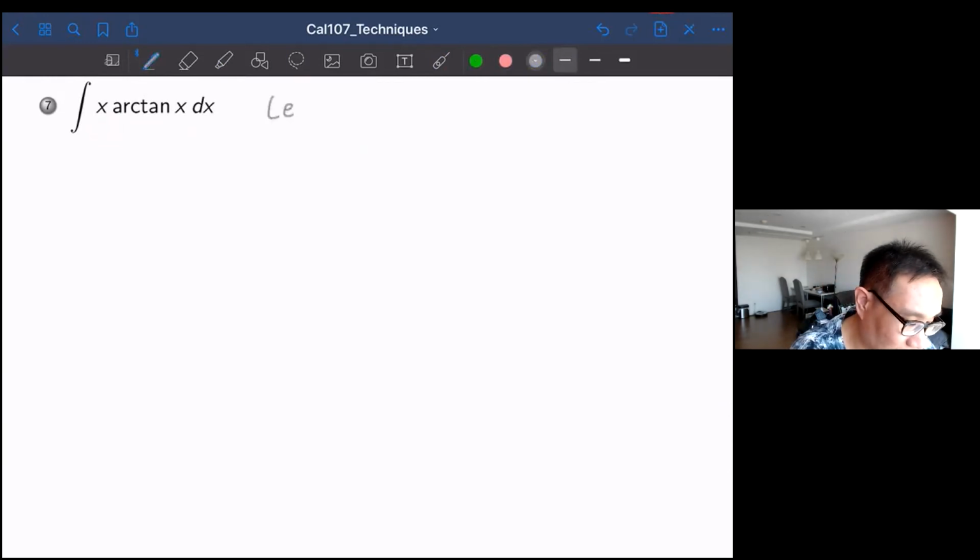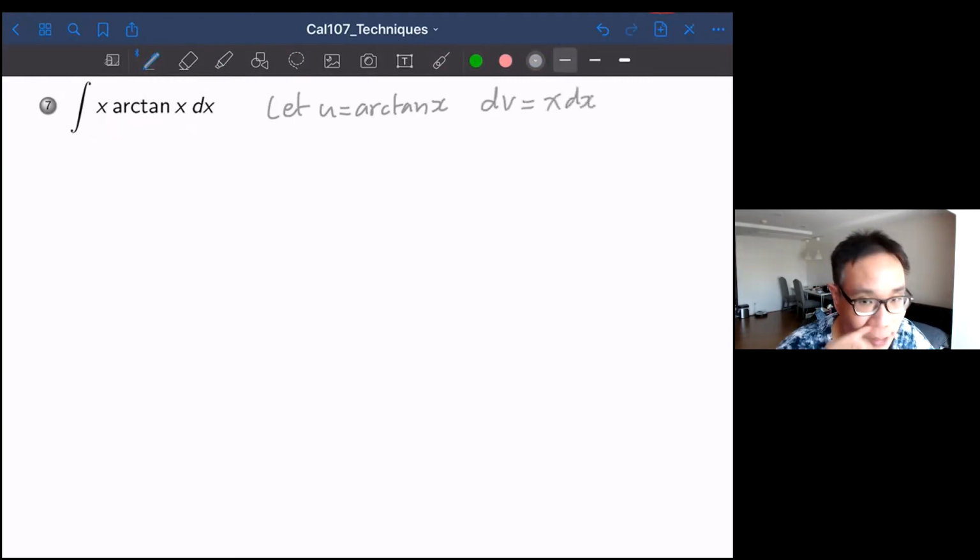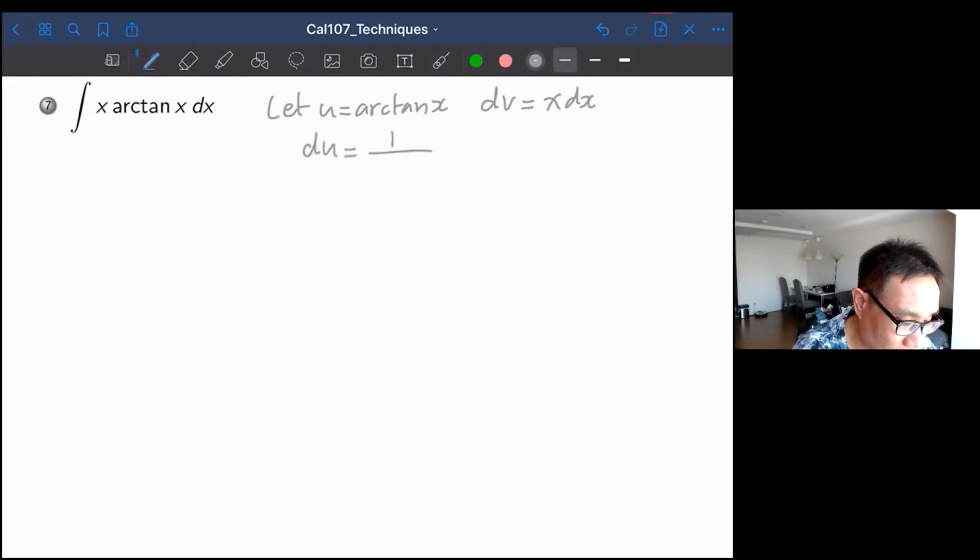So let u be arctan x and dv equal x dx. Then du equals 1 over 1 plus x squared dx, and v equals the integral of x dx, which is x squared over 2.